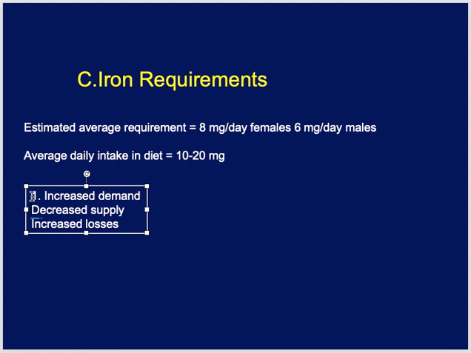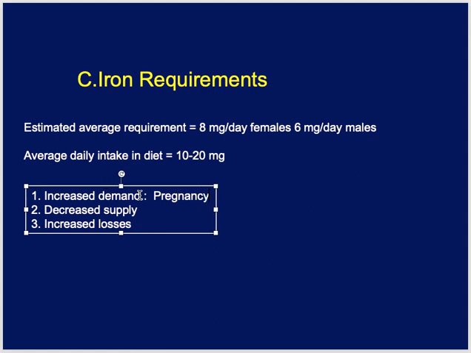So what are the things, for example, which can cause increased demand? A very nice example of that one is pregnancy. Okay, so pregnancy is a state in which, as I told you, the requirement can go up to 27 milligram per day.